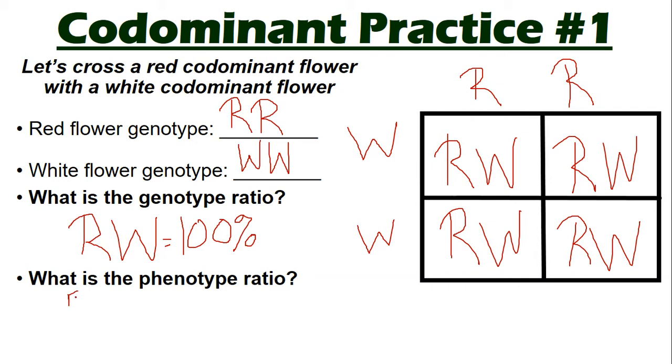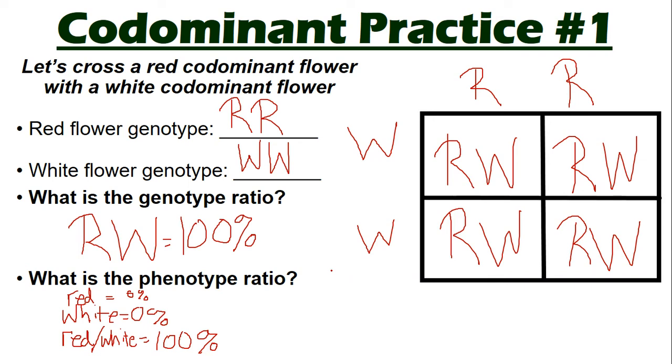Remember, you could have red, white, or you could have red and white. Do we have any genotypes in here for the red flower, big R? No, that's 0%. Do we have any WWs in here? No, that's 0%. The red and white would be the heterozygous, that's RW, and that's all four, so that's 100%.